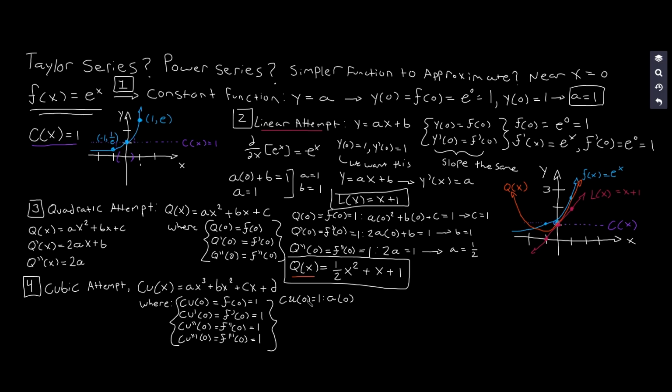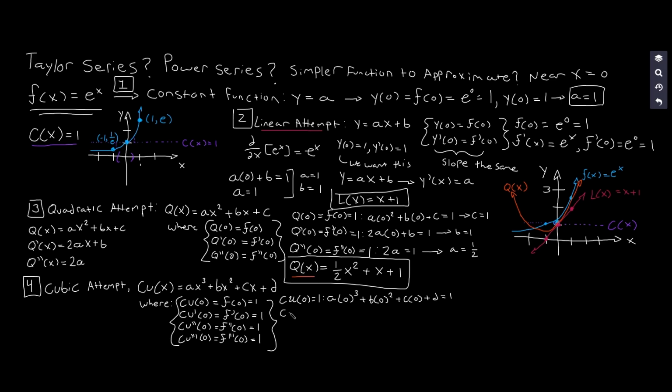So now we're gonna plug in 0 everywhere there's an x: a times 0 raised to the third power plus b times 0 raised to the second plus c times 0 raised to the first plus d, that's just going to equal 1.